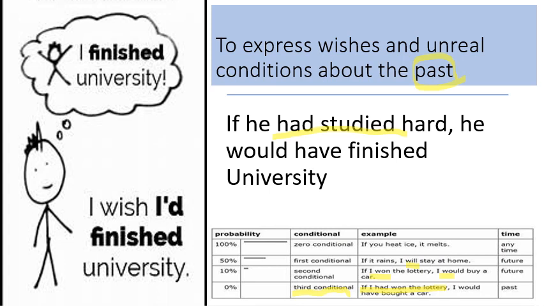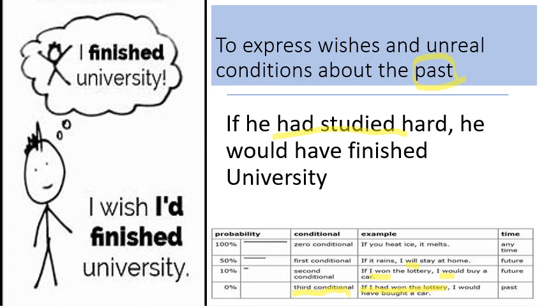Okay, but the problem is he didn't finish university. So when he expresses his wish, he would say, I wish I had finished university. So indicating that he's not happy because he didn't finish university, and when he wants to talk about his wish in the past, I wish I had finished university.